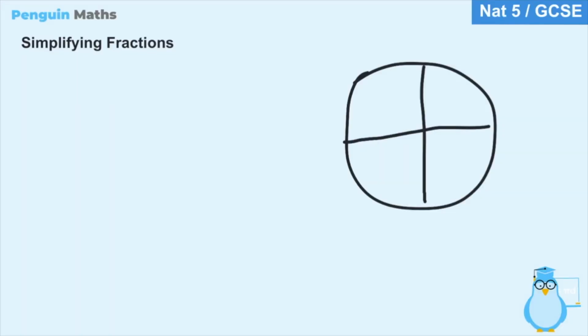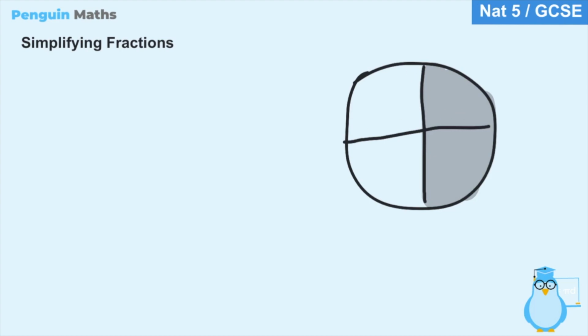Okay, so in today's lesson we are going to focus on fractions, and in particular how we simplify fractions. In previous lessons, we've said that a fraction represents a portion or a part of a whole thing. So let's look at this here as an example. Let's pretend here that we have a pizza, and this pizza is divided into 4 slices.